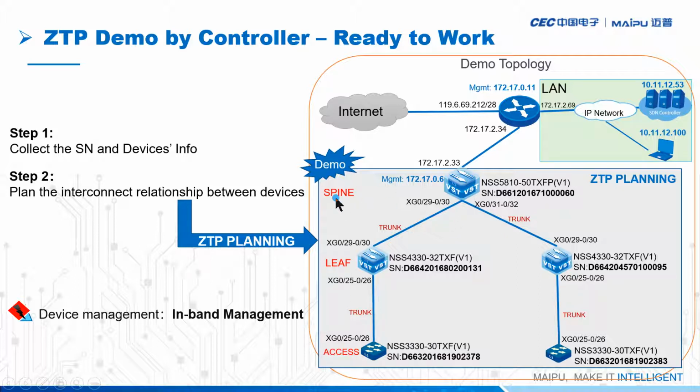And the link between the spine and the leaf is here, right? And the interconnect link between the leaf and the axis is here. All these things need to be planned before we start to do the ZTP.